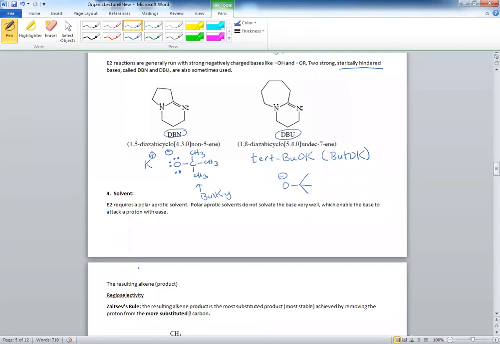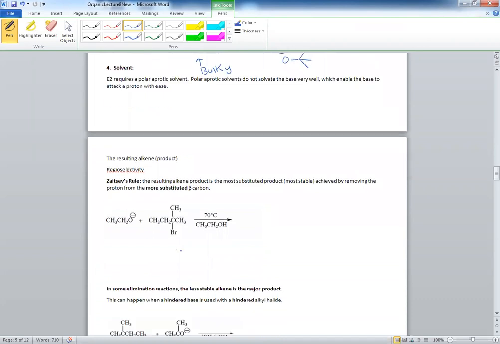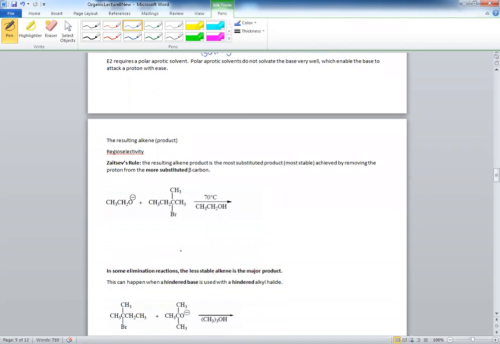It's because, again, they do not shield that nucleophile, or in this case, the base, from removing the proton. So you want them to have ease at removing the proton. You don't want too much hydrogen bonding, which kind of like shackles those bases and doesn't let them freely remove a proton.